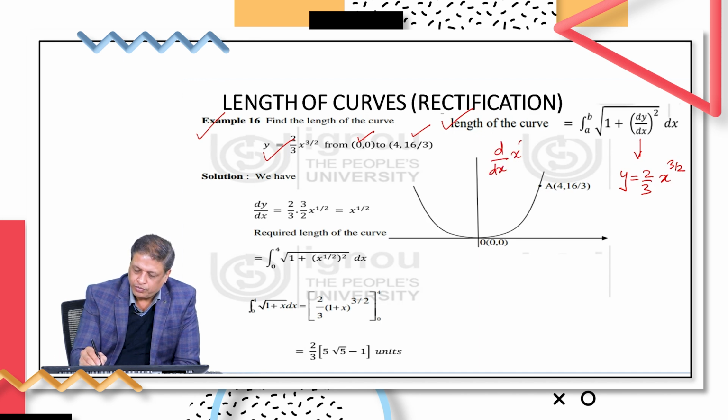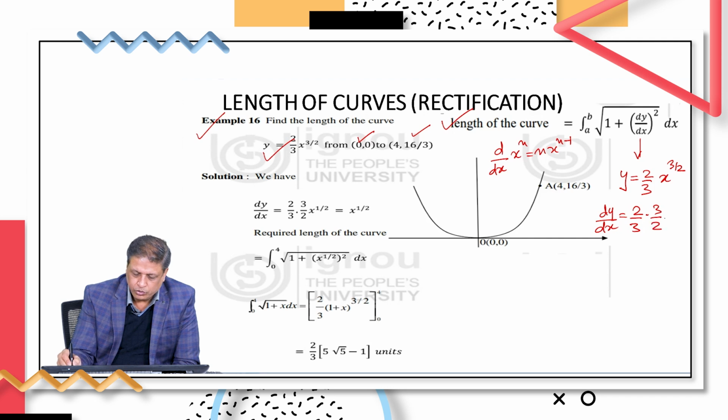The derivative of x to the power n is n x to the power n minus 1. Applying this formula, dy by dx is 2 by 3 into 3 by 2 into x to the power 1 by 2, which solves to x to the power 1 by 2 only. So, we got dy by dx equal to x to the power 1 by 2.